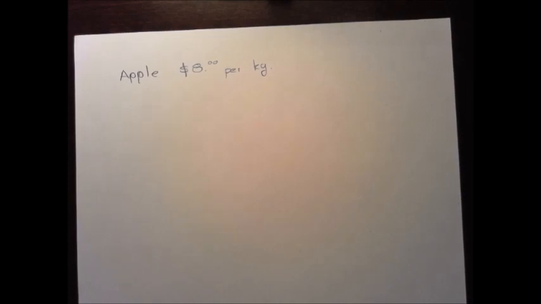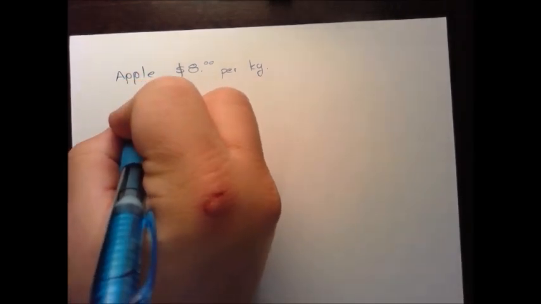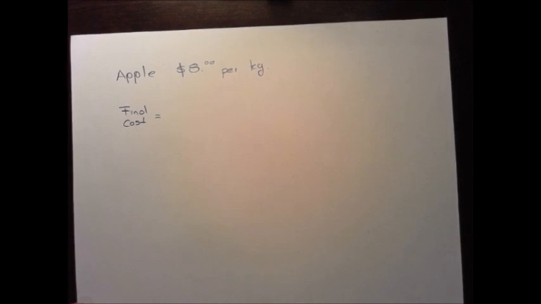All right, but what should we do to get that final cost? First of all, you need to say, okay, the final cost that I should pay for it is going to be very easy.